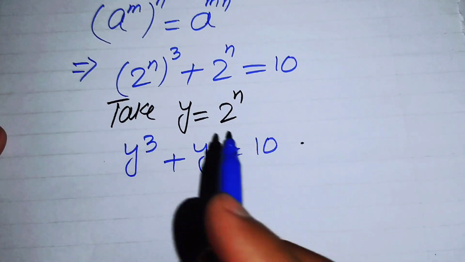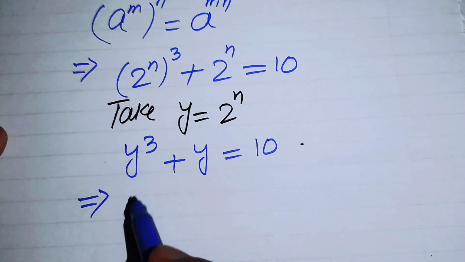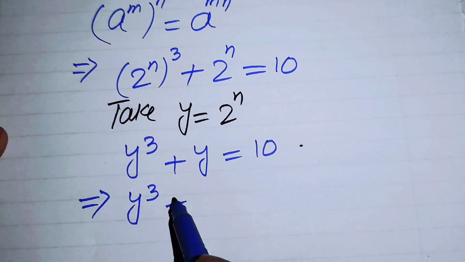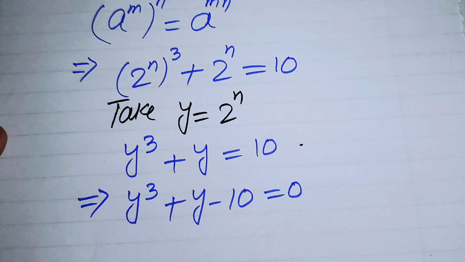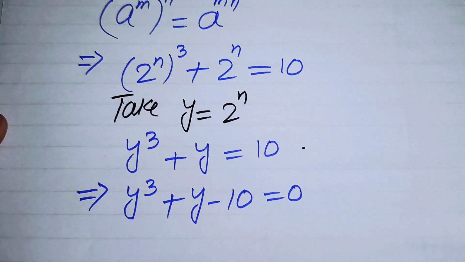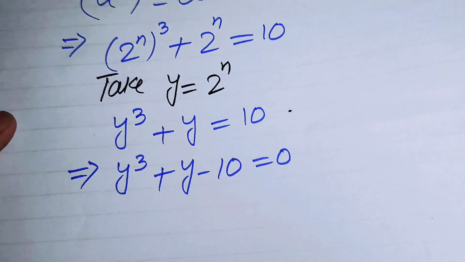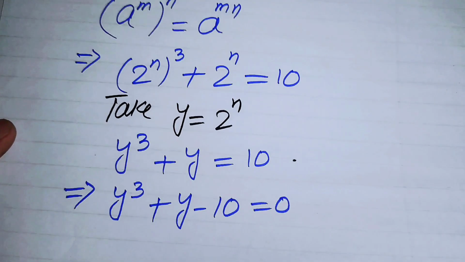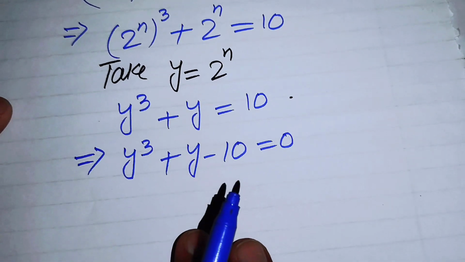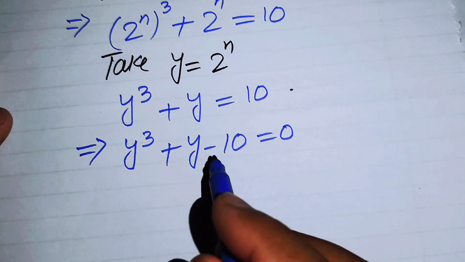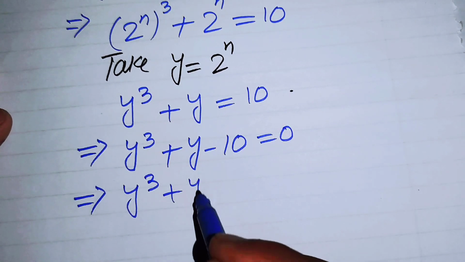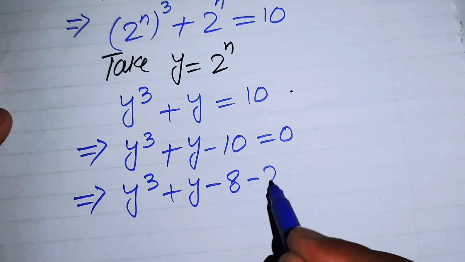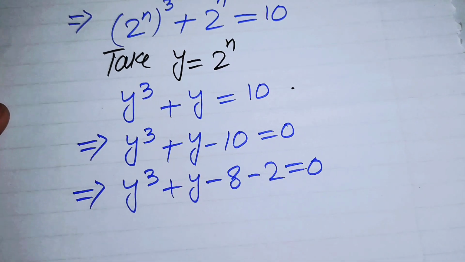Now we move this 10 to the left hand side, and you get y cubed plus y minus 10 is equal to 0. After that you can make the factors of this cubic equation, so I can write this minus 10 as y cubed plus y minus 8 minus 2 is equal to 0.